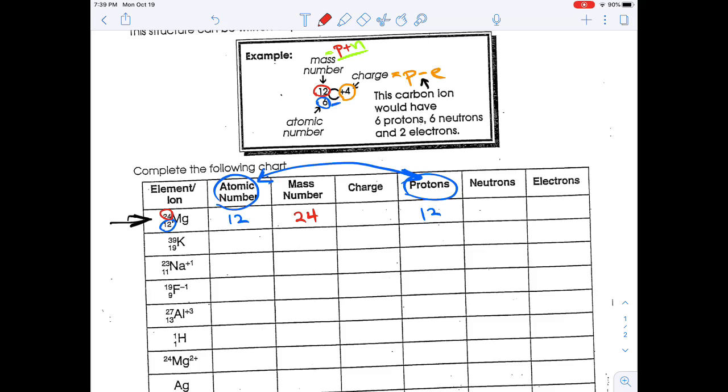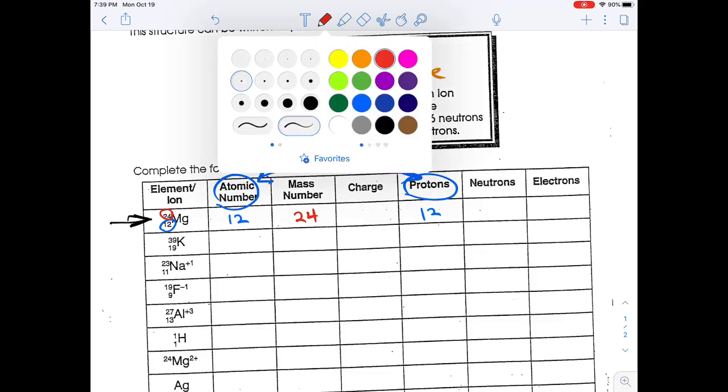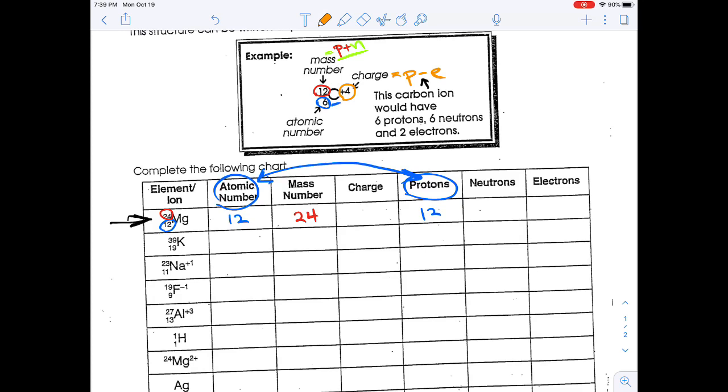In this particular situation, we're going to look at charge, but there is not a number here. There's nothing here. And if there's nothing there, no pluses, no minuses, no nothing, we can assume the charge is 0. And if the charge is 0, the protons and electrons are going to be the same. So if the protons are 12, the electrons are going to be 12. Because if charge is 0, that's going to be equal to the protons. 12 minus what?